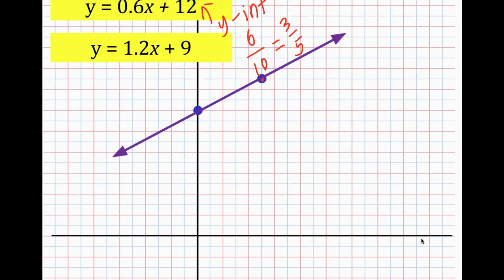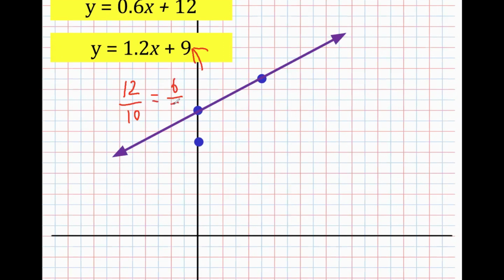And as for y equals 1.2x plus 9, our y-intercept is positive 9, so I'm going to plot 9 on our y-axis, and 1.2 as a fraction, you can actually make this into 12 over 10, and 12 over 10 just simplifies to 6 over 5, so your slope would be positive 6 over 5, and you would rise 6 units and run 5.